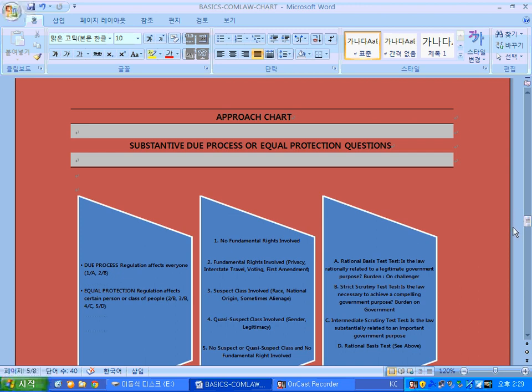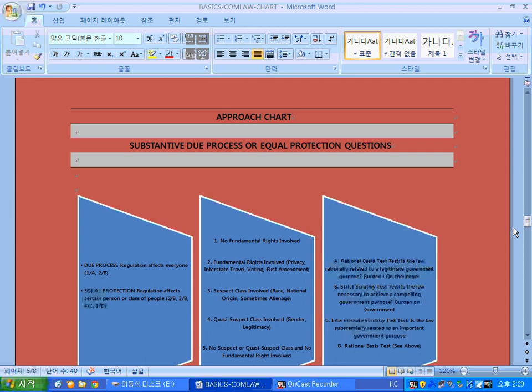It is a tricky area that could sometimes overlap between the substantive due process and equal protection questions. You can see some distinction between the two concepts in this chart.